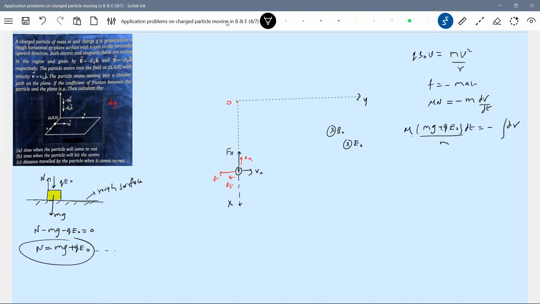What has to be done now? Limit. At t equals 0, what was the projection? It was projected with a speed v0, and finally it has come to rest. So I'll finally end up with the equation.